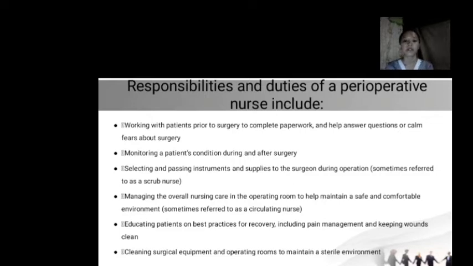And then, monitoring a patient's condition during and after surgery, and selecting and passing instruments and supplies to the surgeon during operation, sometimes referred to as a scrub nurse, and then managing the overall nursing care in the operating room to help maintain a safe and comfortable environment, sometimes referred to as circulating nurses, and educating the patients on best practices for recovery, including pain management and keeping one's incision clean, and also cleaning surgical equipment and operating rooms to maintain a sterile environment.